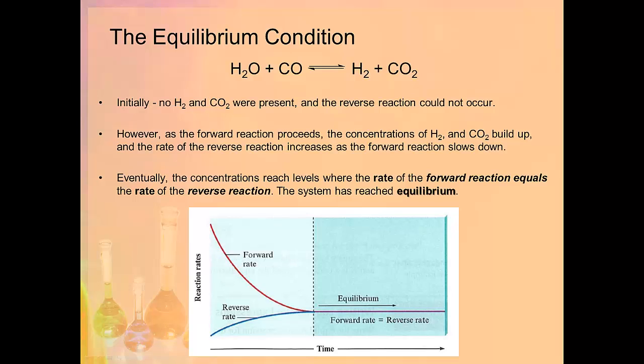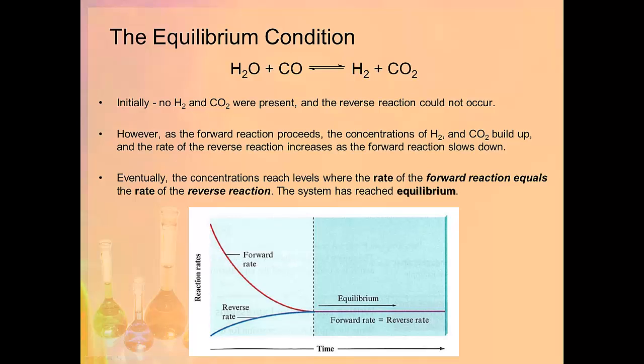So if you imagine, in the initial condition, we've got none of the products present. If the reaction has just started, you've added in your H2O and your CO, your water and your carbon monoxide, and left them in your reaction vessel, initially there's going to be no products being formed right at that moment.